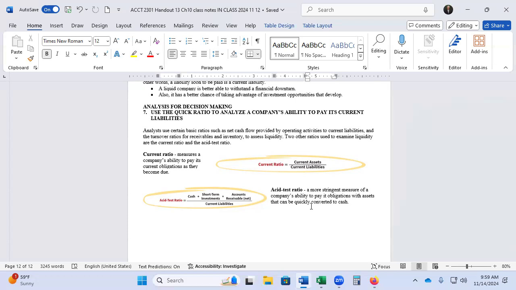And then if you really want to know whether or not the company is going to have cash to cover their bills without worrying about inventory, you look at what's called the acid test ratio. Basically it takes your current assets except for inventory, and is otherwise the same calculation. That takes out some of management judgment, and it's a little bit better test of whether or not management can pay its liabilities coming up in the current year. Are there any questions?